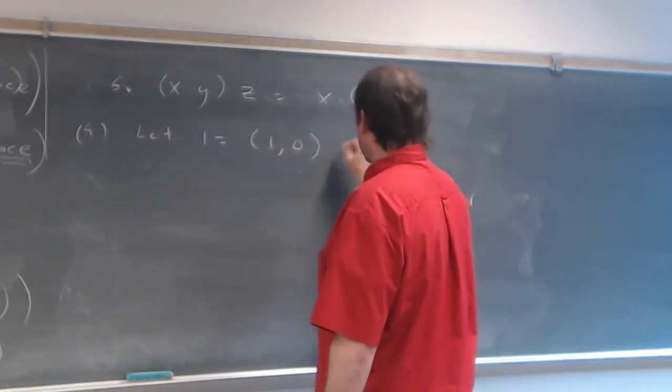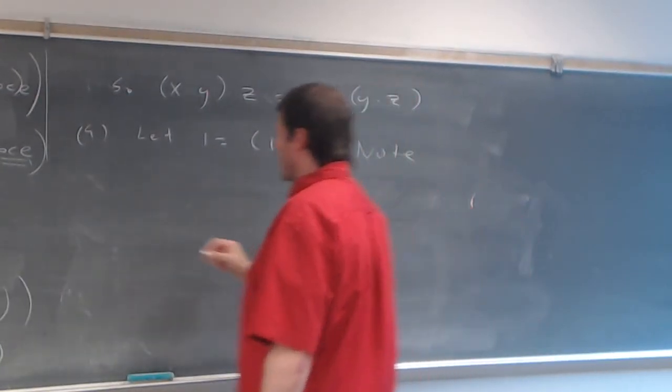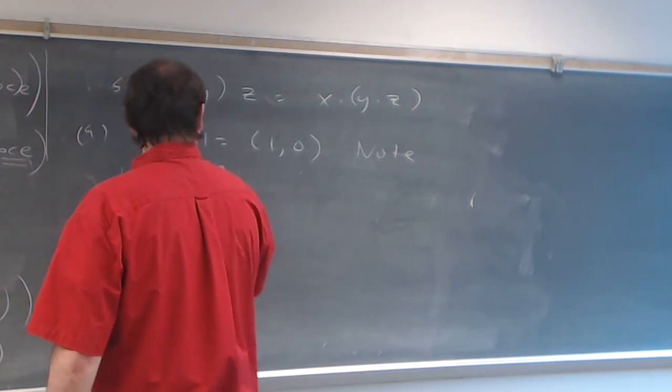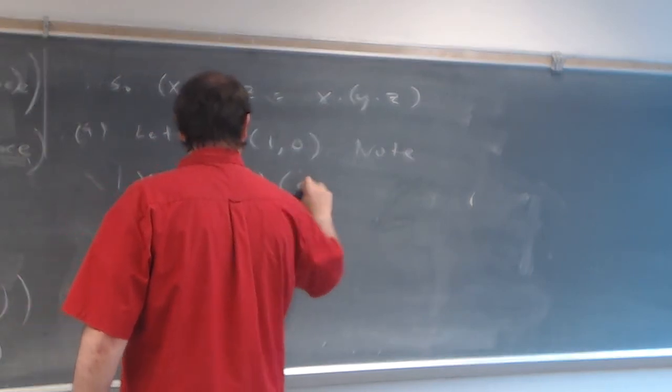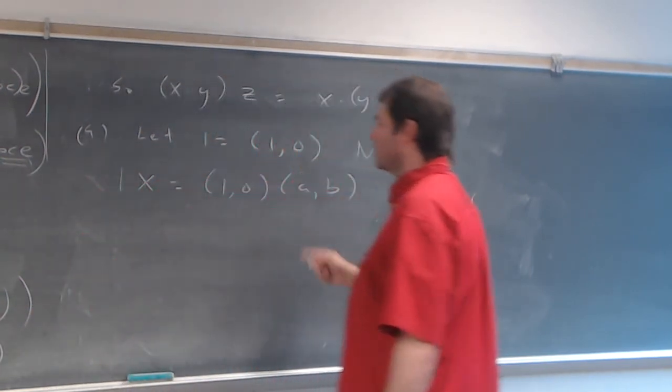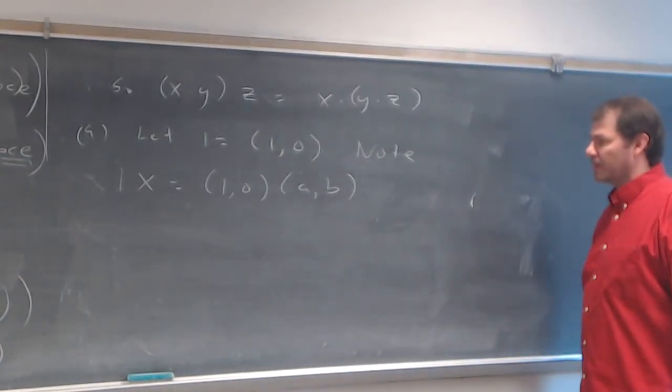And here, note that 1 times x will be equal to 1, 0 times a, b. Remember what we're trying to show is that this is equal to x.